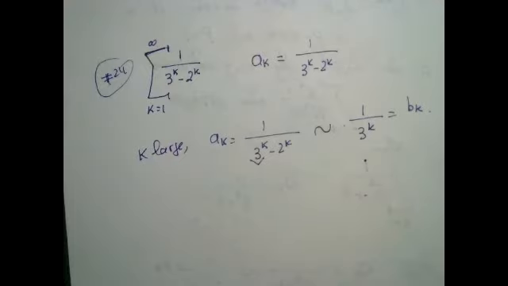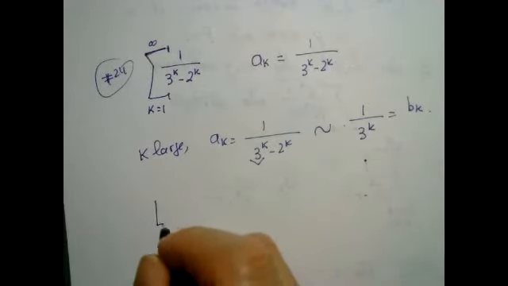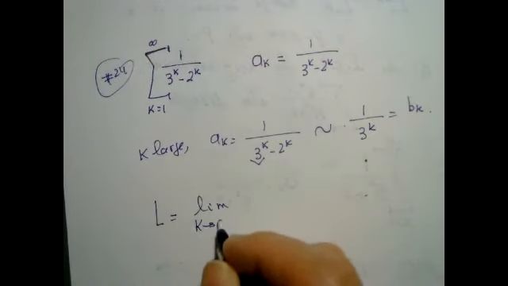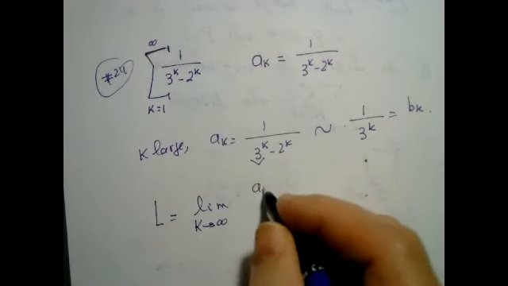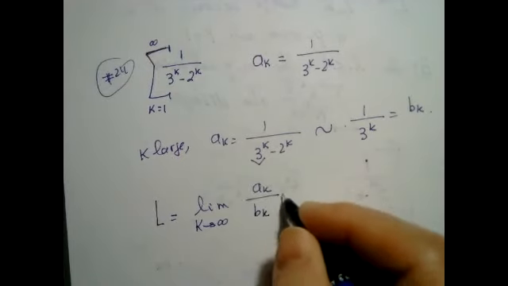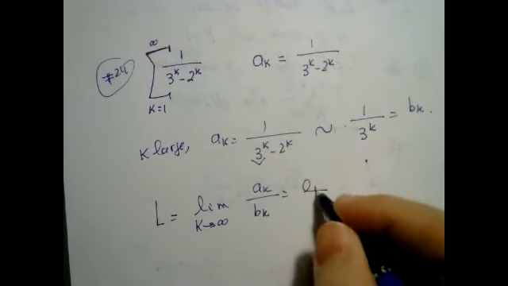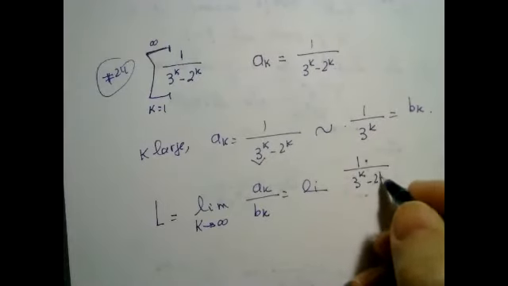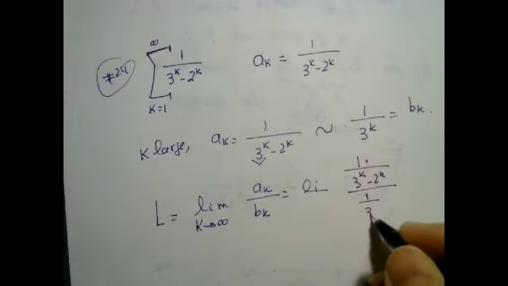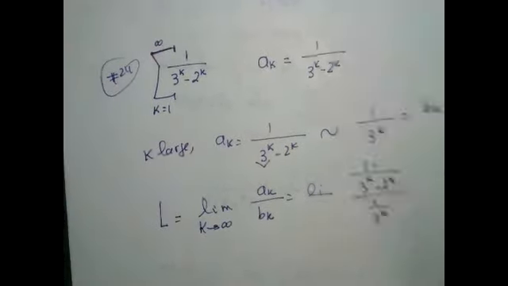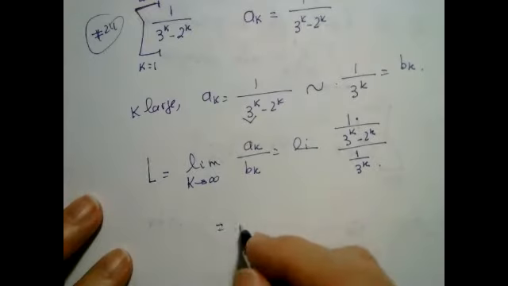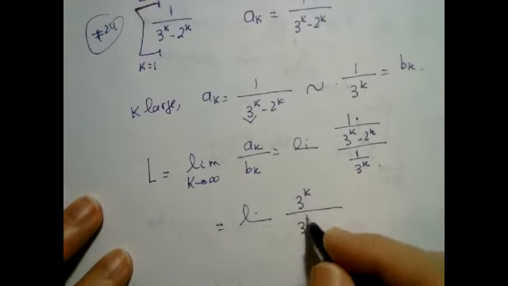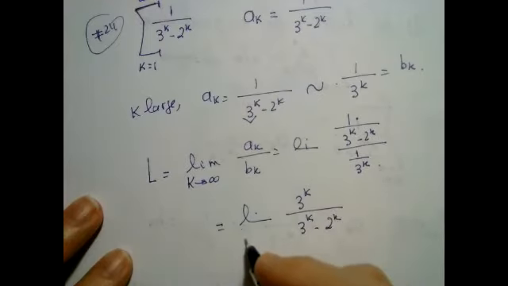Okay, and then let us make sure we are making the right choice. So let's see, AK over BK. That's the limit of 1/3 to the k minus 2 to the k, over 1/3 to the k. So this will give me the limit of 3 to the k over 3 to the k minus 2 to the k.